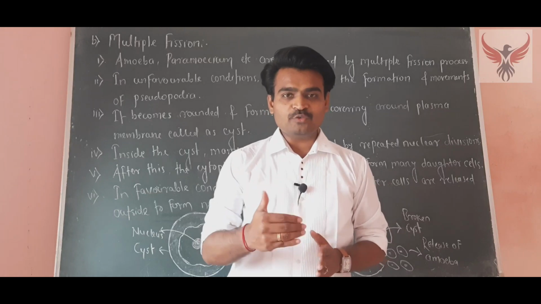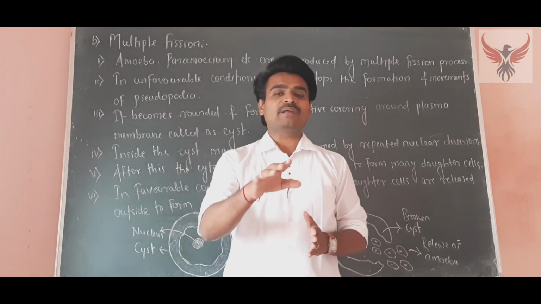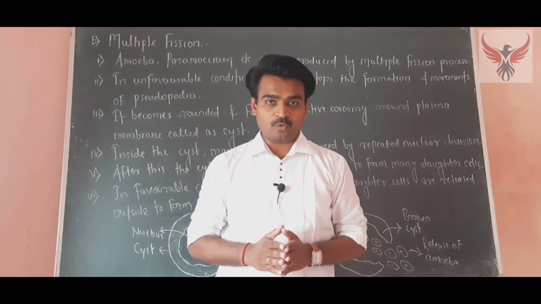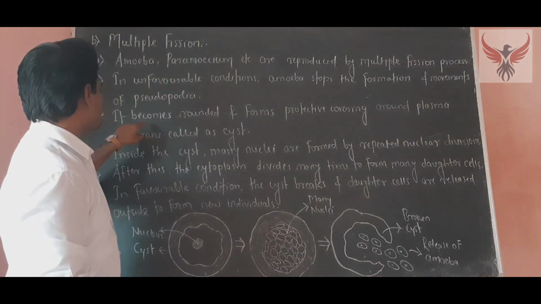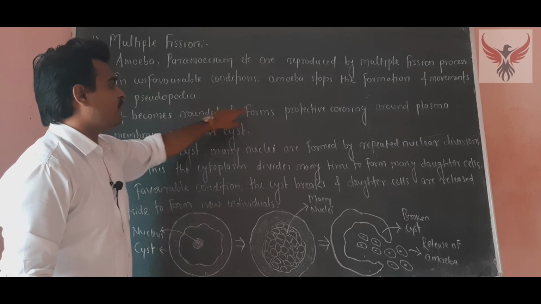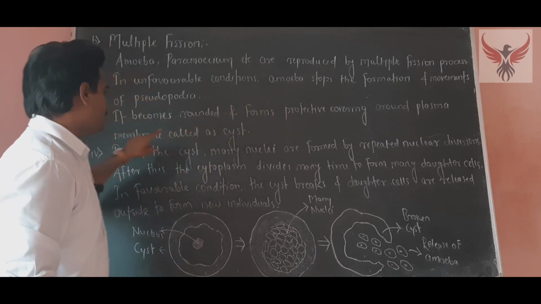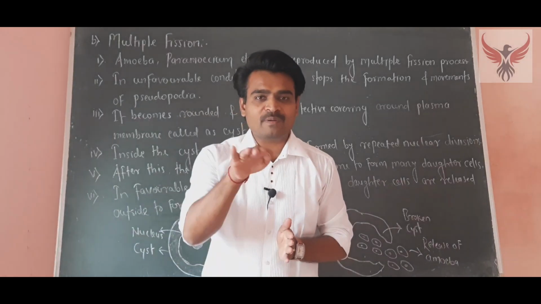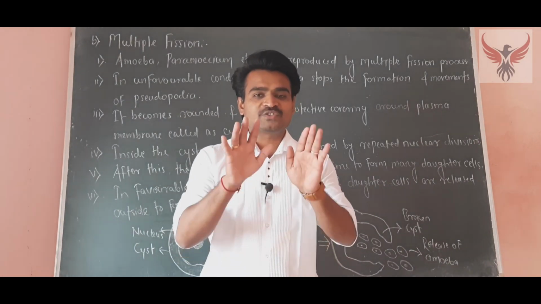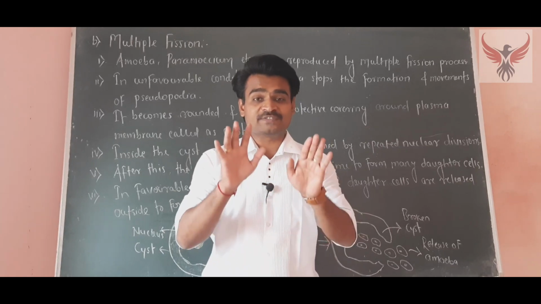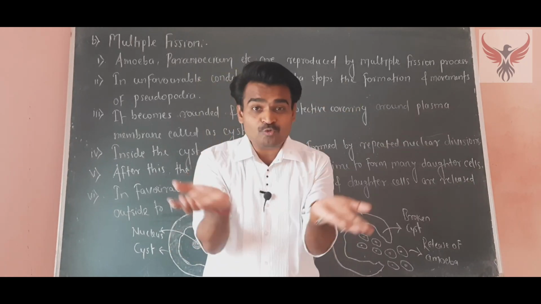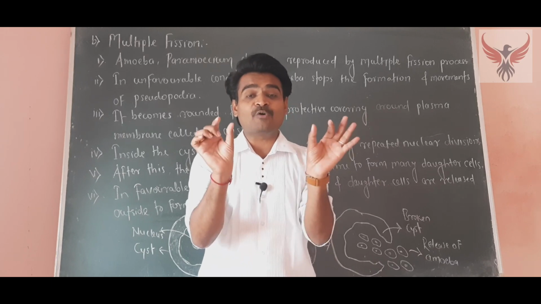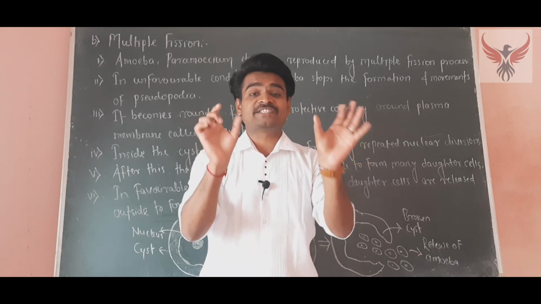The third point: it becomes round and forms a protective covering around the plasma membrane called a cyst. So it becomes round shaped and forms a hard covering called a cyst.